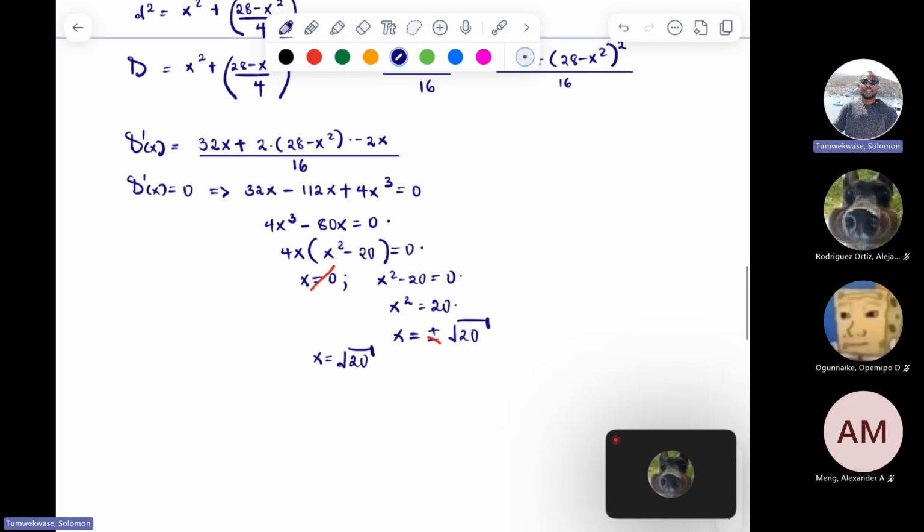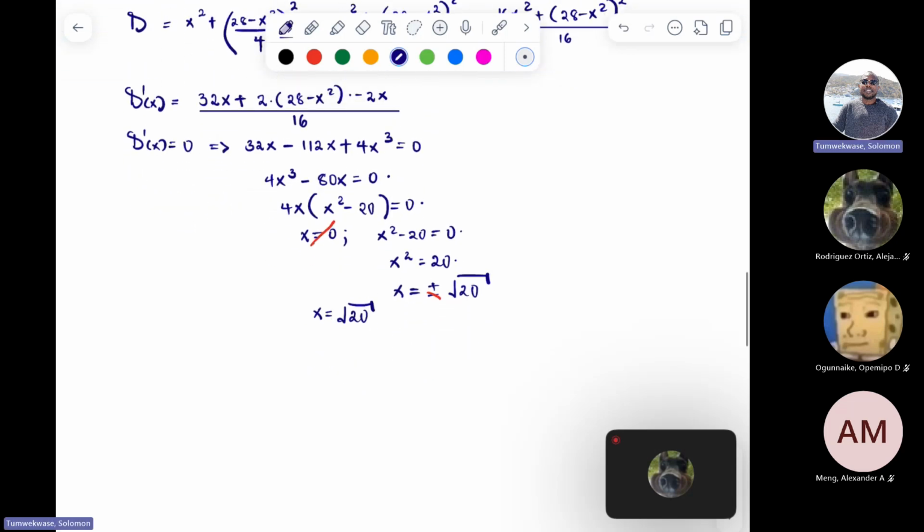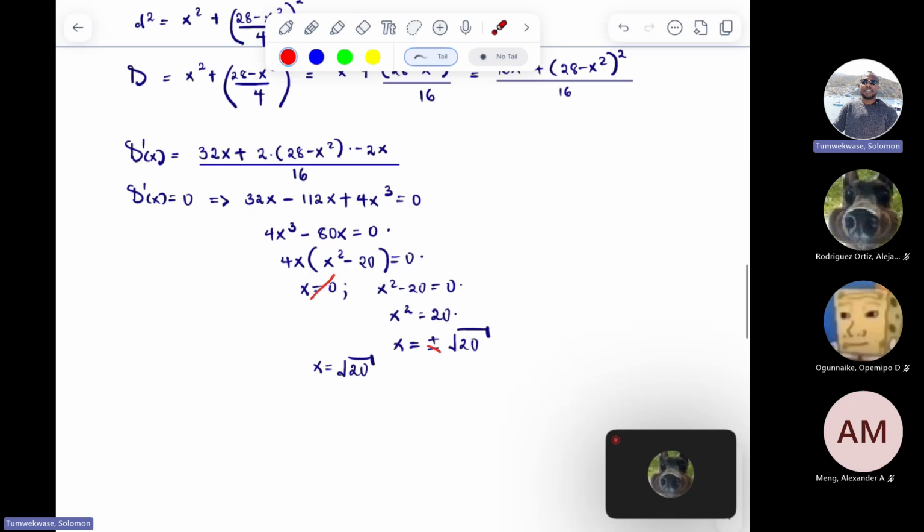And once again, you can take the second derivative of this guy to check that this is a minimum. So we want to take the second derivative of this. And when I take this second derivative, what do I want to differentiate?